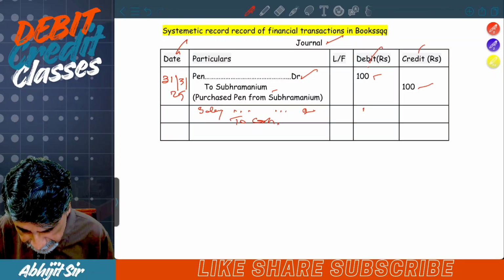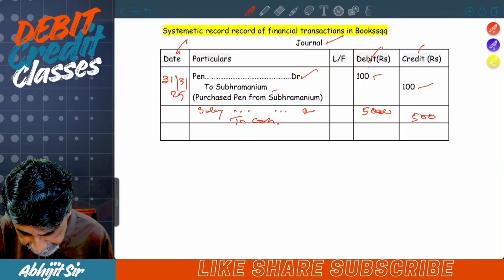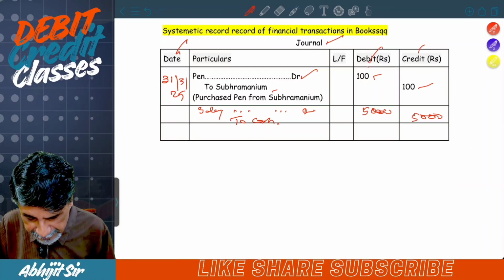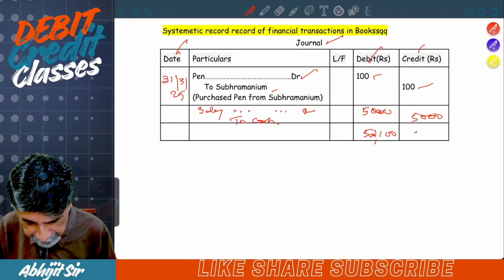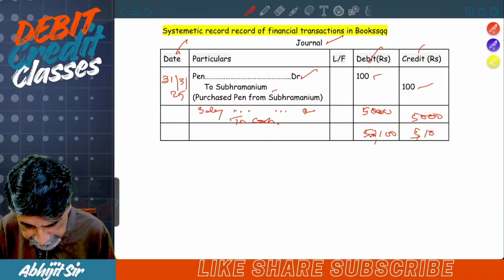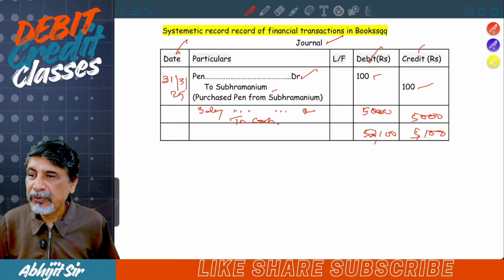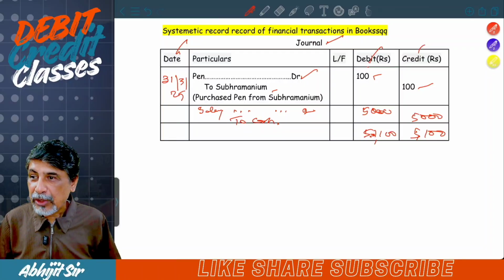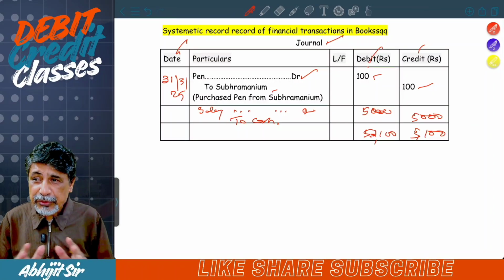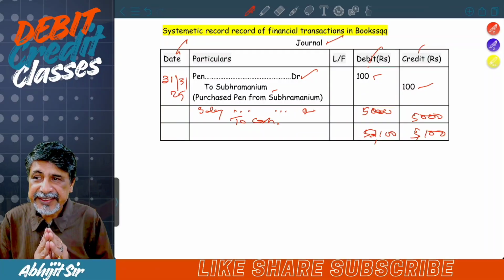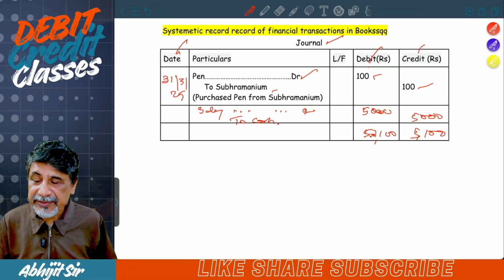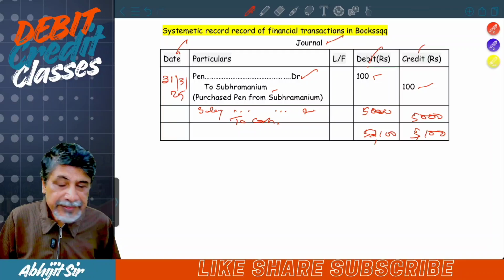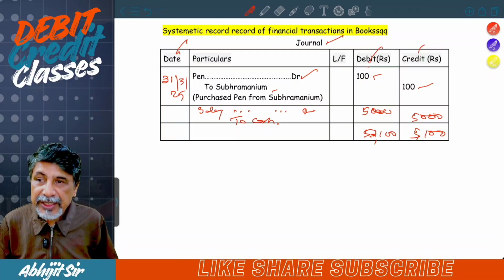Suppose 5,000 debit, 5,000 credit. The total debit side is 5,000 and the total credit side is 5,000. The two sides will be equal. Why equal? Because it is a double entry system. Luca Pacioli said you should record each and every transaction in a double entry system. Hence both sides will be equal.